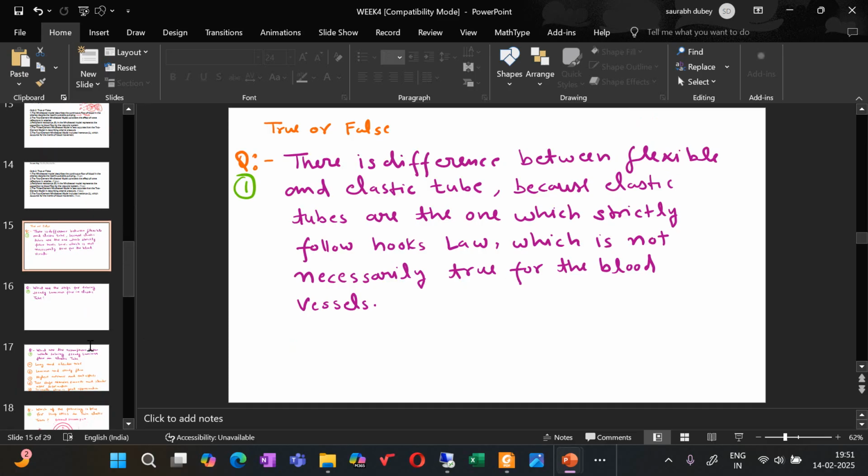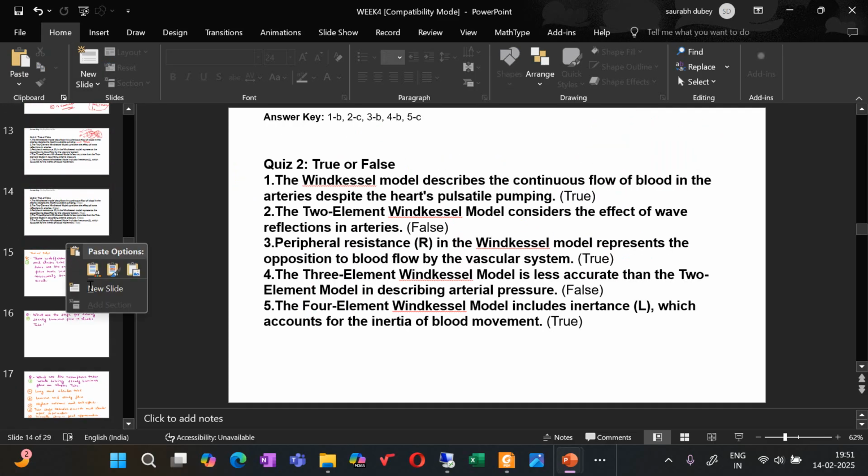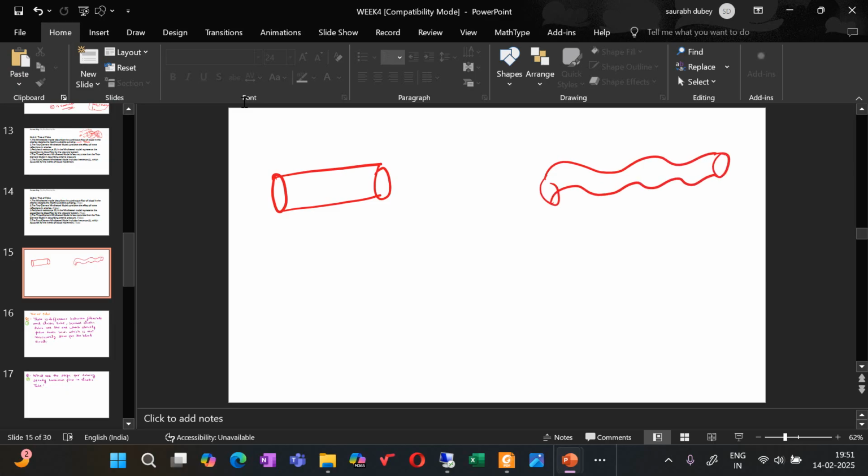Now the very important thing is, for example, for the pipe flow, suppose this is a rigid pipe flow, and this is an artery, which is a flexible tube.